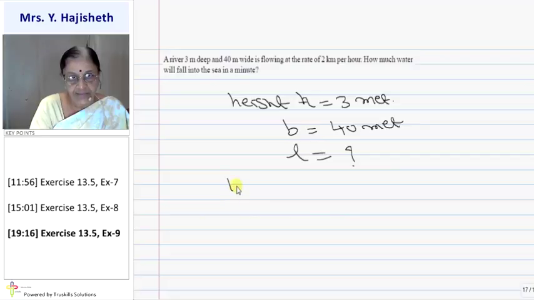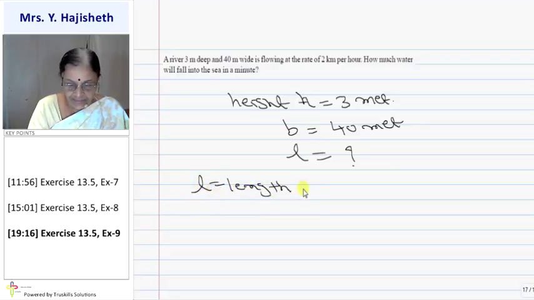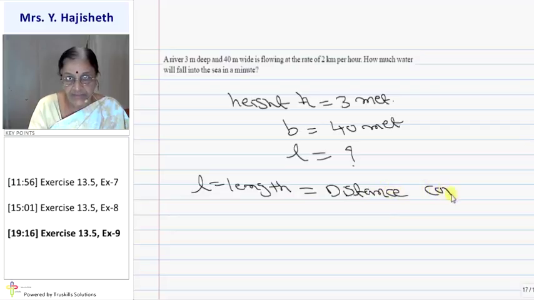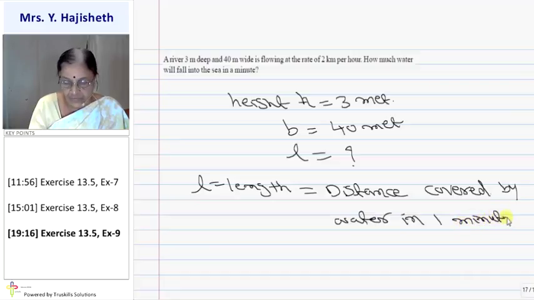Now L is a length. Length is nothing but distance covered by water in 1 minute. So for that I should find out velocity of water into time.